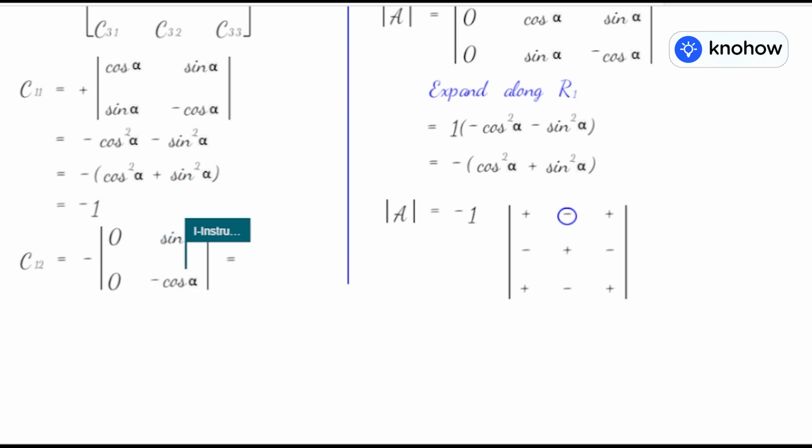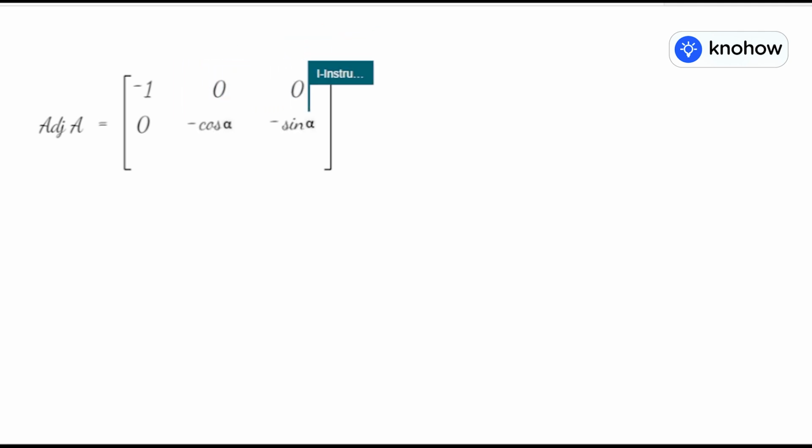Similarly, I leave for you to try the rest of the cofactors, and you get the value of adjoint A equal to the transpose of, we have already worked out the cofactors in the first row, negative 1, 0, 0, and similarly the rest of them you can work out yourself as 0, negative cos alpha, negative sin alpha, 0, negative sin alpha, cos alpha.